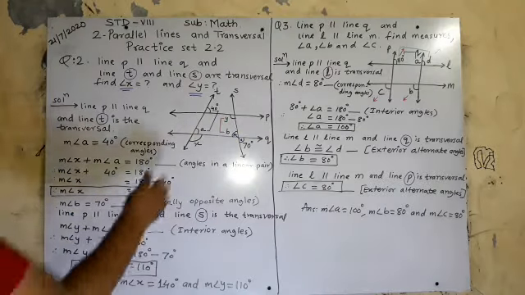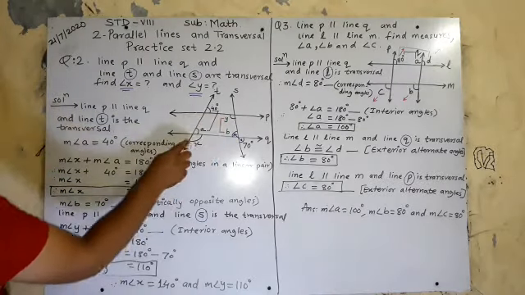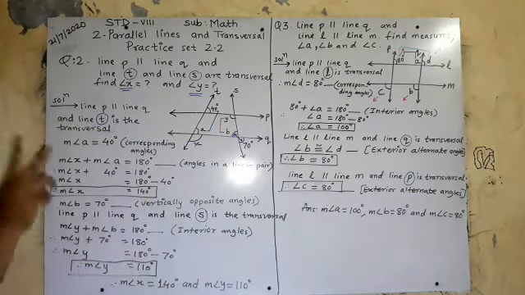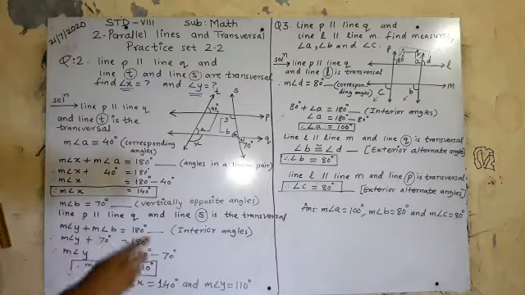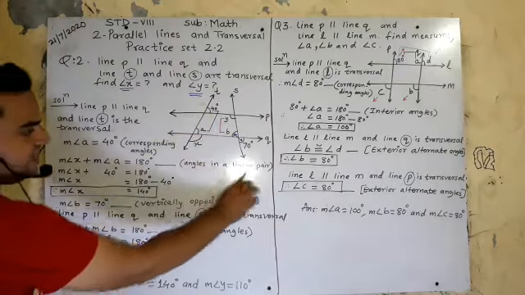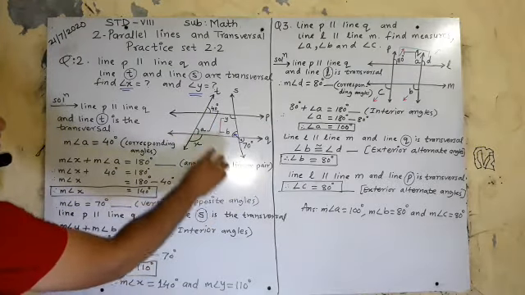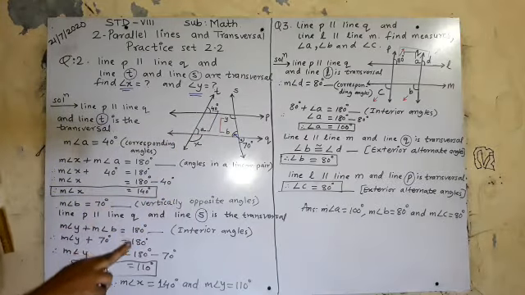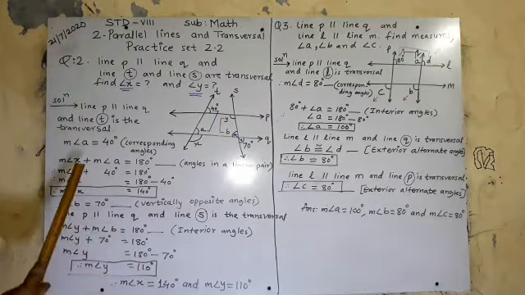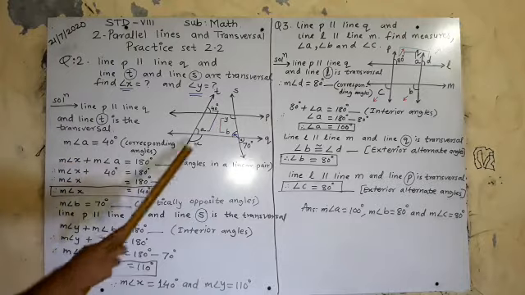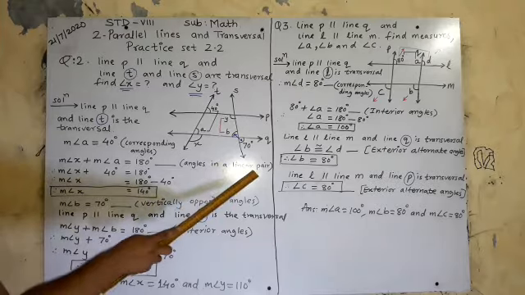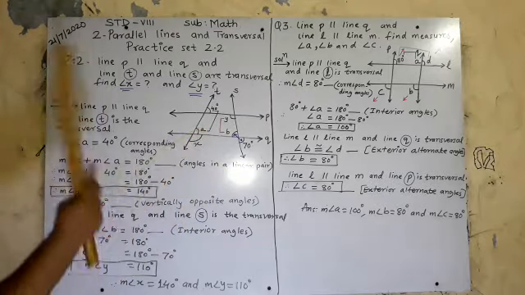So these two angles will be considered as angles in a linear pair. Two angles on the same line are angles in a linear pair. So the addition of these two angles should be equal to 180. So measure of angle x plus measure of angle a, these two angles are angles in a linear pair, two angles on one line.